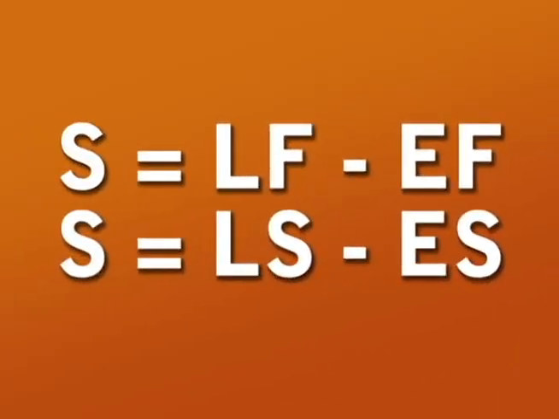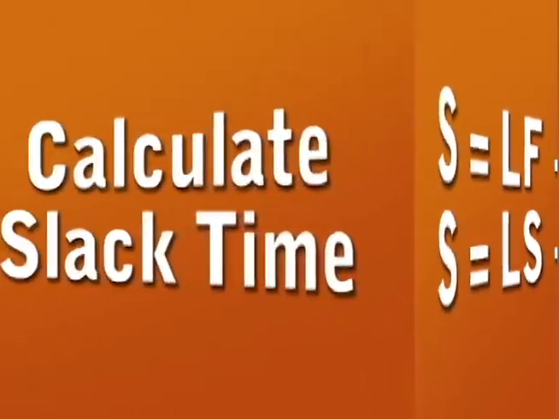We can calculate slack looking at the late finish minus the early finish, or we can look at the late start minus the early start. Either formula you use, you should come up with the same answer.